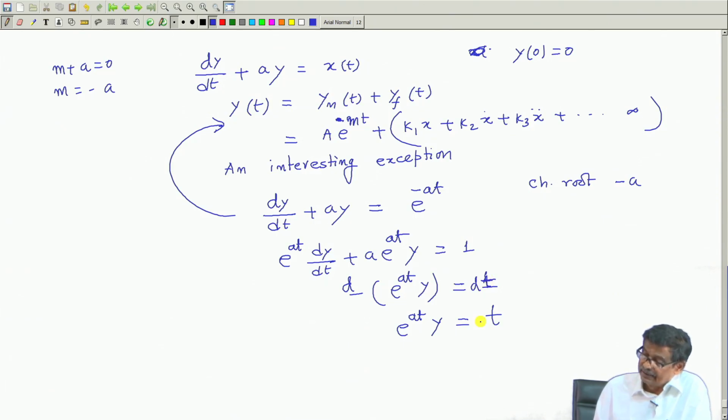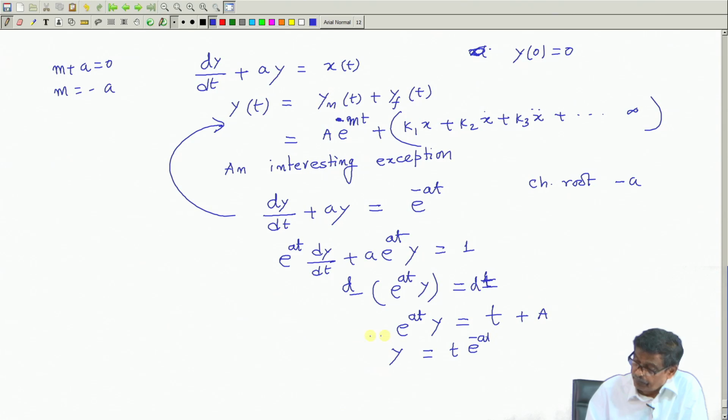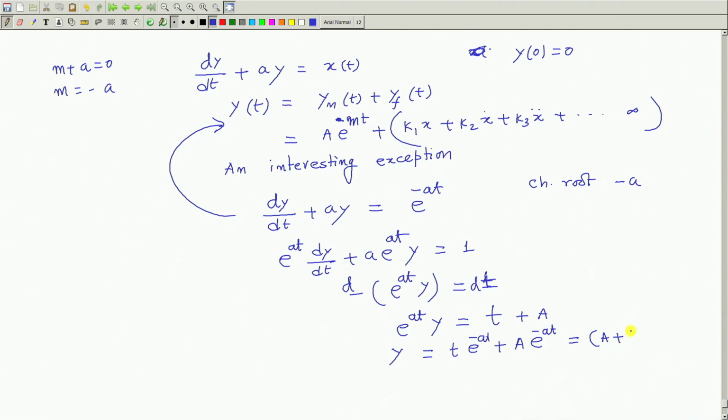So, you will get it like this, plus a constant of integration. Then your y will be t into e to the power minus a t, multiplying both sides with e to the power minus a t, plus A into e to the power minus a t. So, the solution will be A plus t into e to the power minus a t.